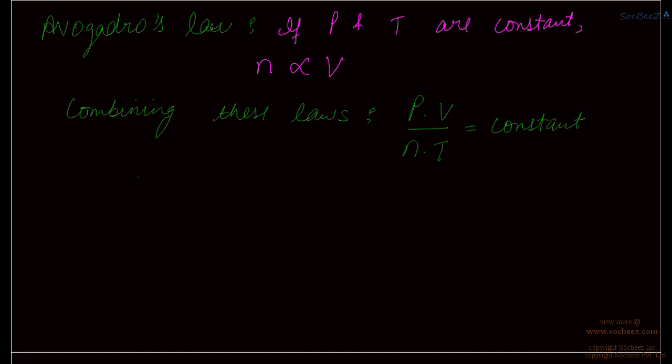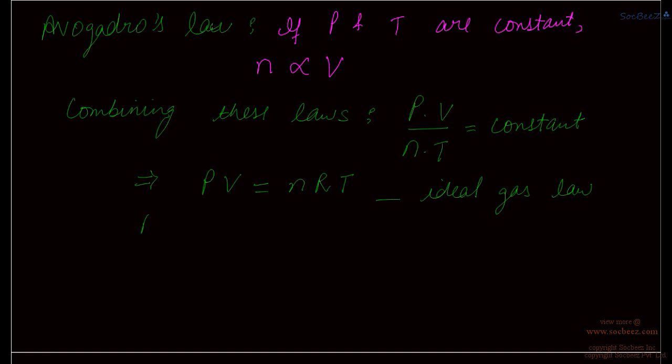Hence, scientists arrived at a formula which looks like this: P into V equals N into R into T. This is known as the ideal gas law.